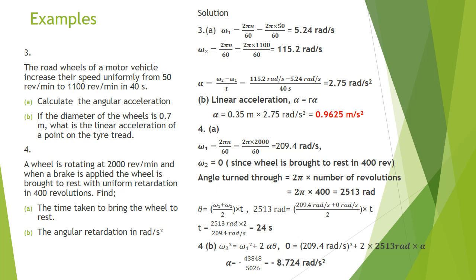Making alpha the subject, alpha is equal to 43848 divided by 5026. It will give us negative 8.724 rad per second squared, being our angular retardation.